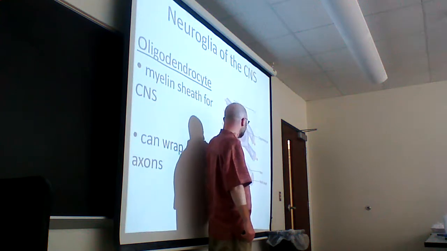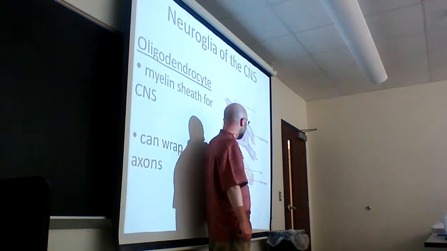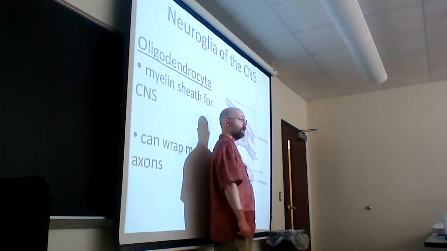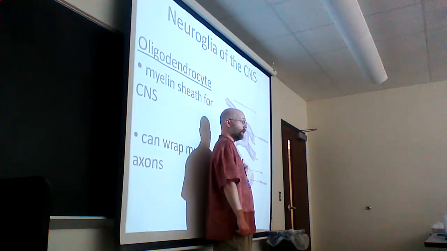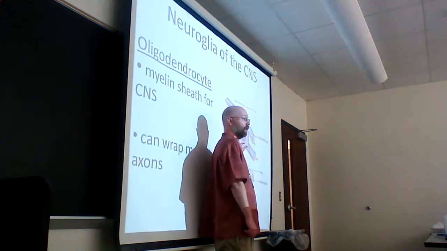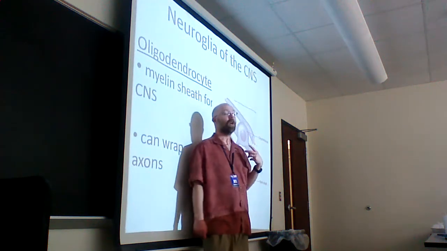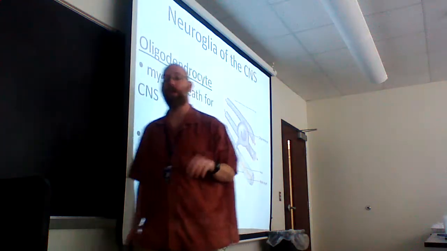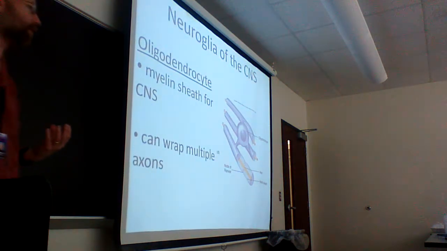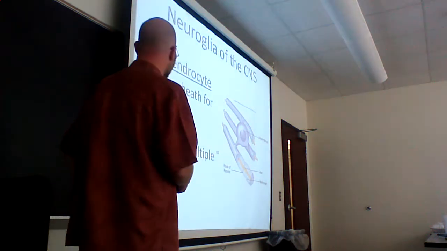They've got these little feet that wrap around the axon and form the myelination. And they're not just myelinating a single axon, they're myelinating several axons at a time. It's just because you've got more neurons in the central nervous system, so you have to deal with things economically. You have to be frugal with your resources.